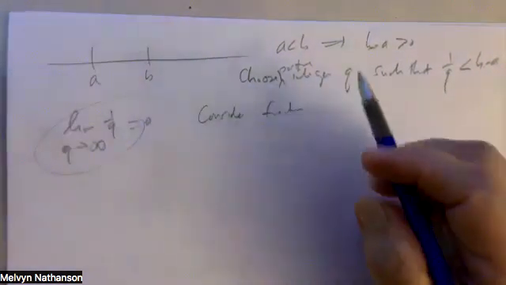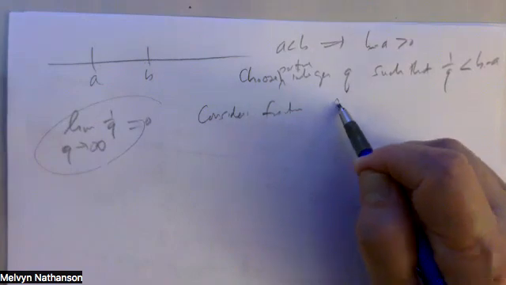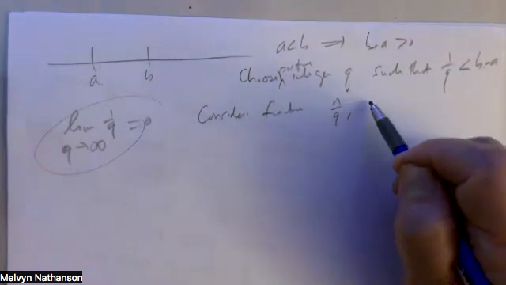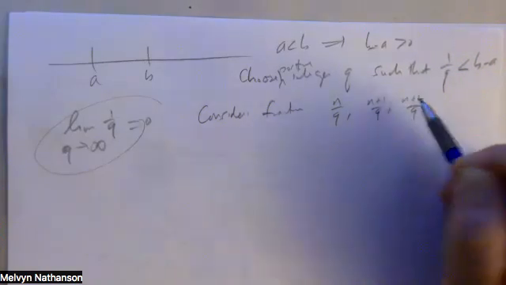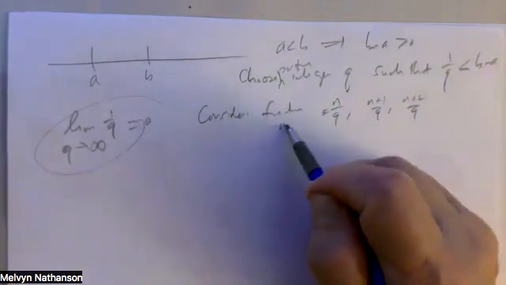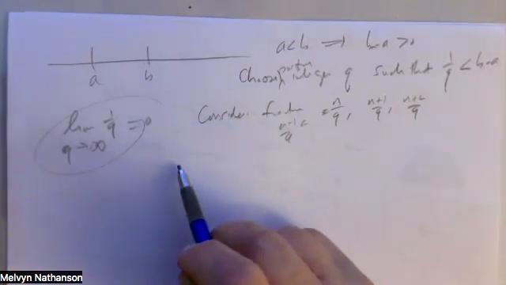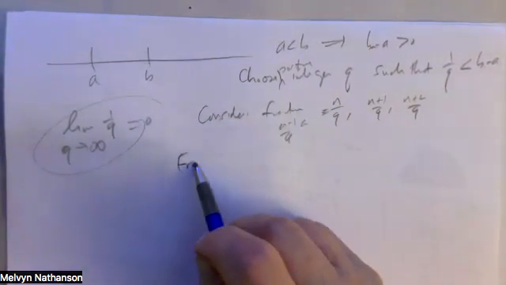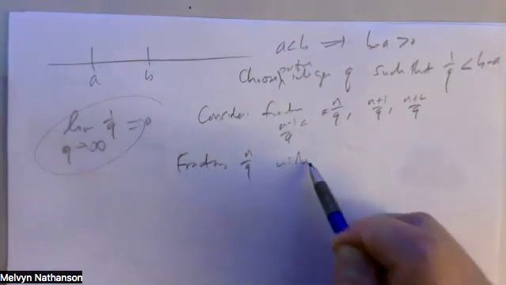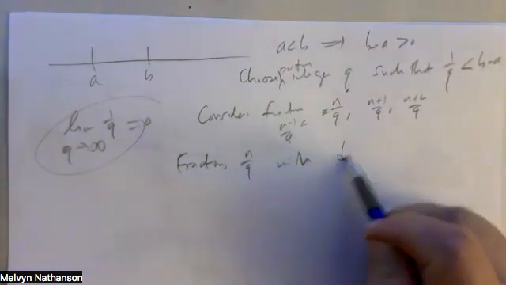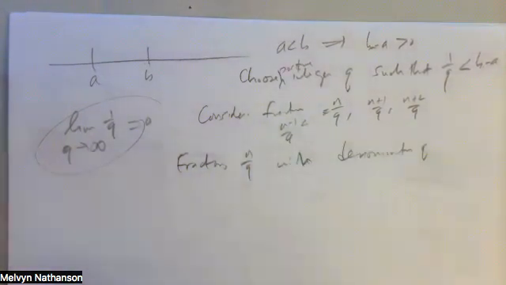with positive or negative numerators: n over q, n plus 1 over q, n plus 2 over q, and minus 1 over q. Consider all the fractions n over q with denominator q.